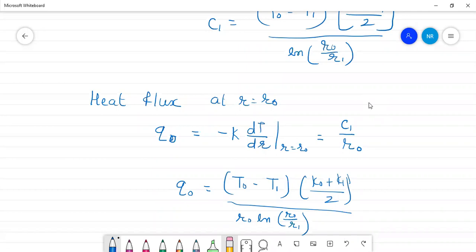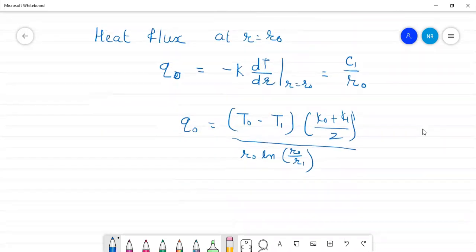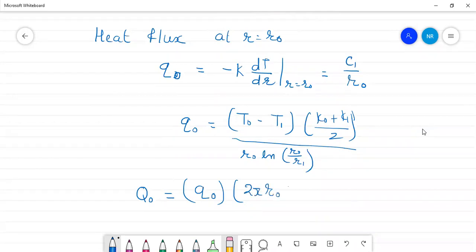Okay, and we can also do further simplification. Q0 can also be written as Q0 multiplied by area at R equal to R0. So let's put down the value of Q0 here.